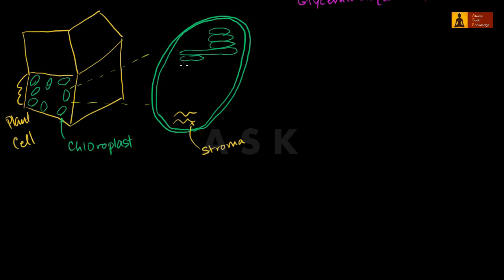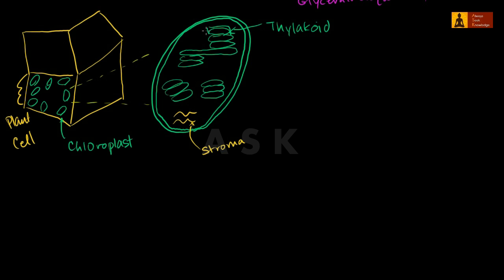Let me draw a couple more. Maybe you have some over here, maybe some over here. So each of these flattish-looking pancakes right here, these are called thylakoids. So this right here is a thylakoid. That is a thylakoid. That's a thylakoid.